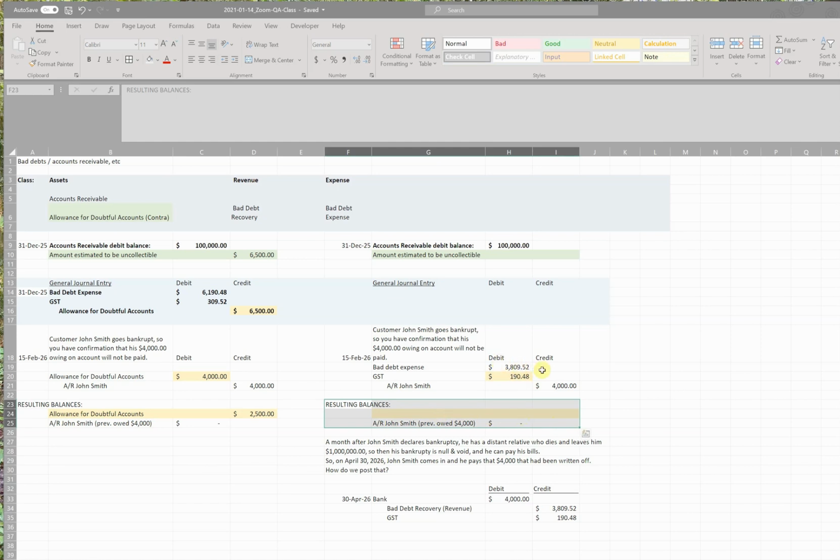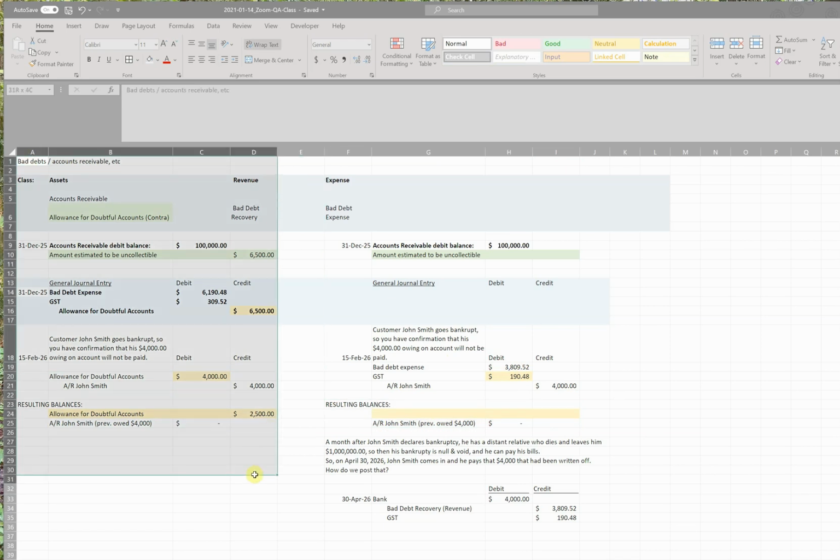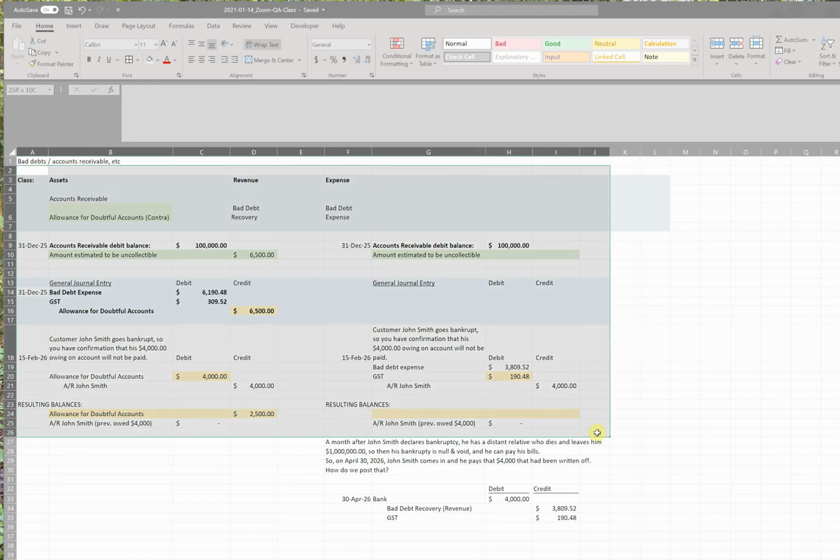And this $3,809.52 is now showing on the income statement of the company in the current 2026 year, whereas in example 1, that bad debt expense shows up on the income statement in 2025 because it was posted on December 31st, 2025. So that's the end of part 1 of this scenario.